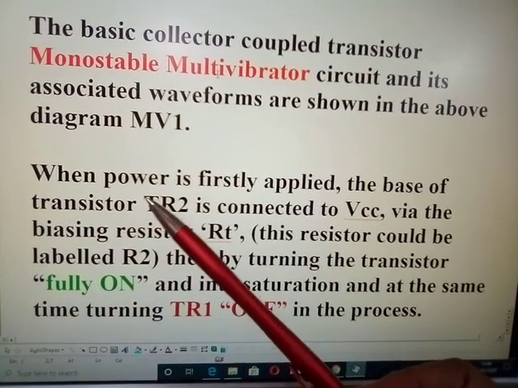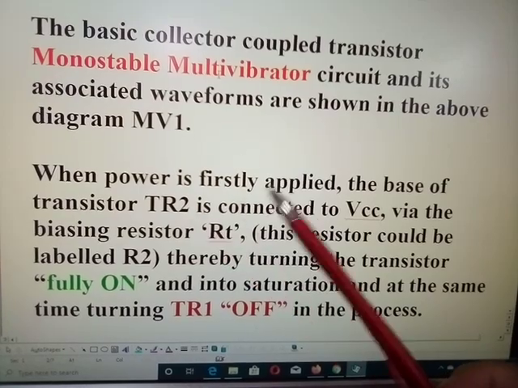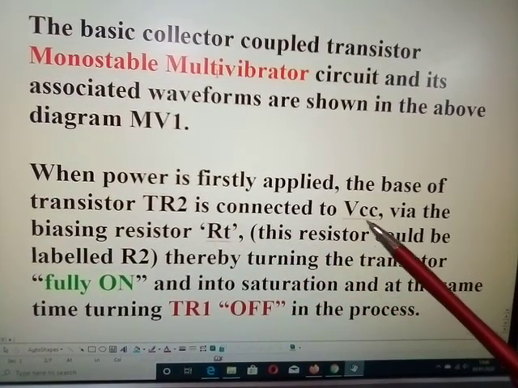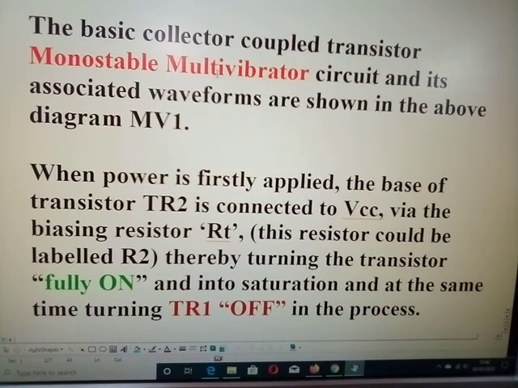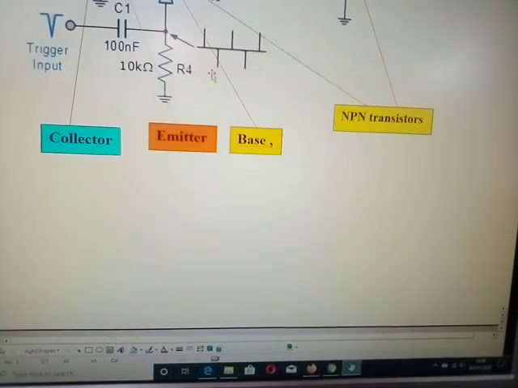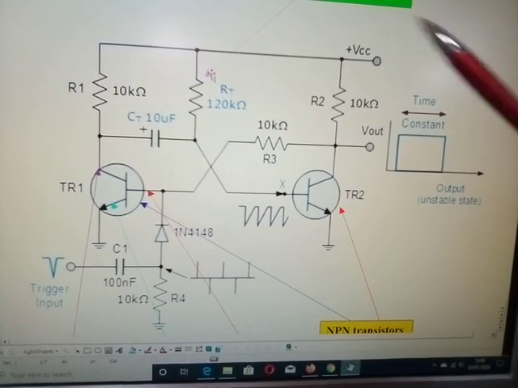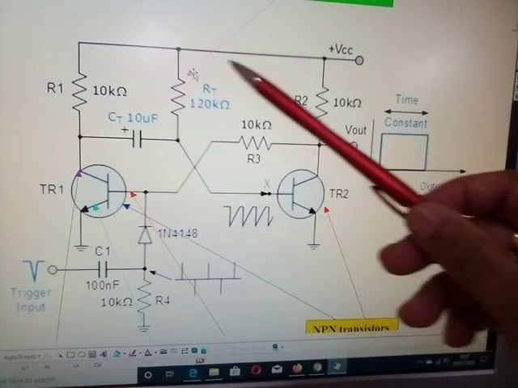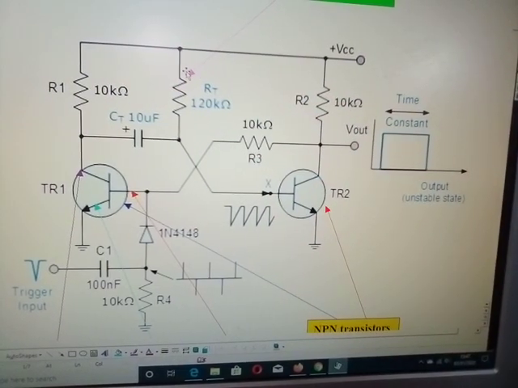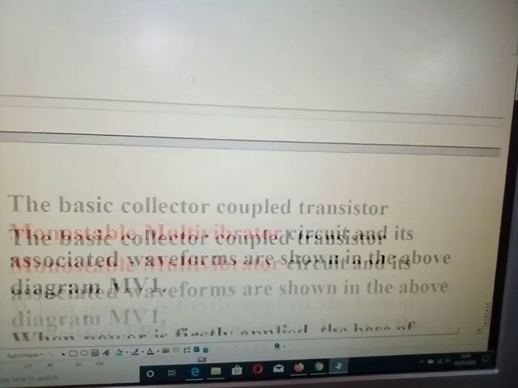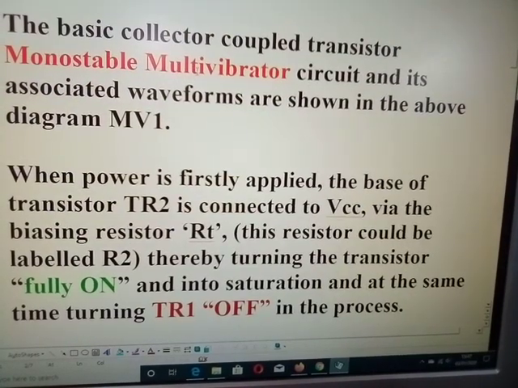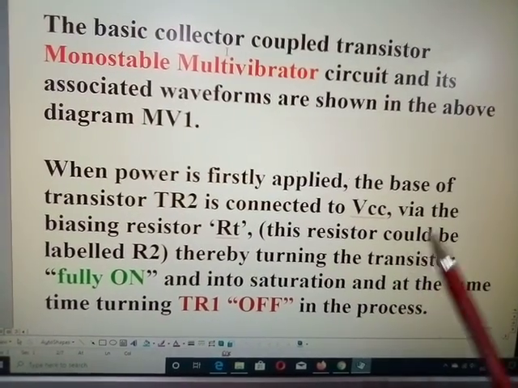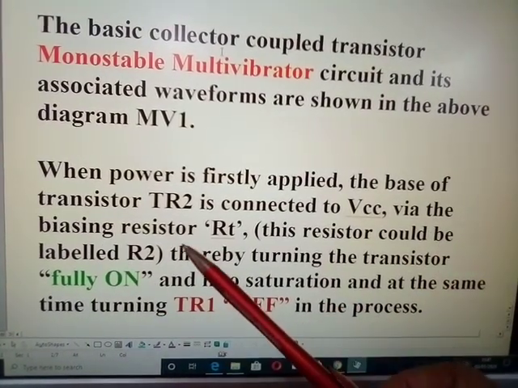Now when power is firstly applied, the base of transistor TR2 is connected to VCC, and we have identified where VCC is already. That is your VCC, it means the positive rail, via the biasing resistor RT.